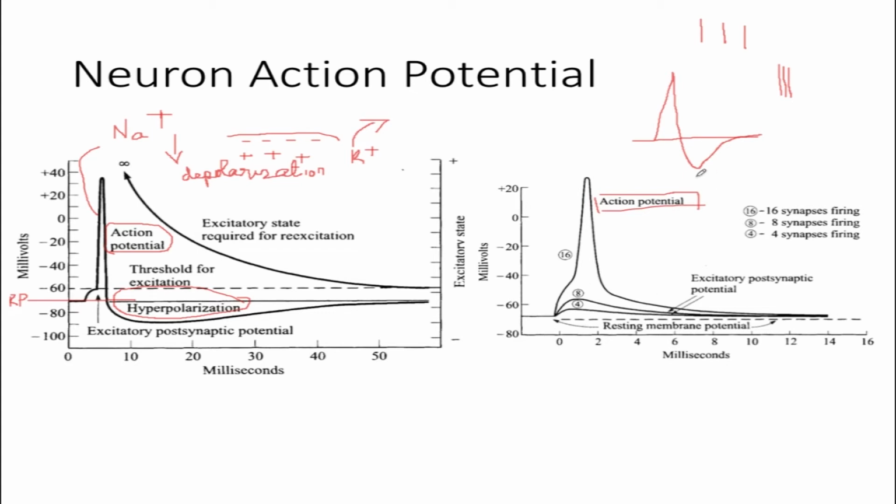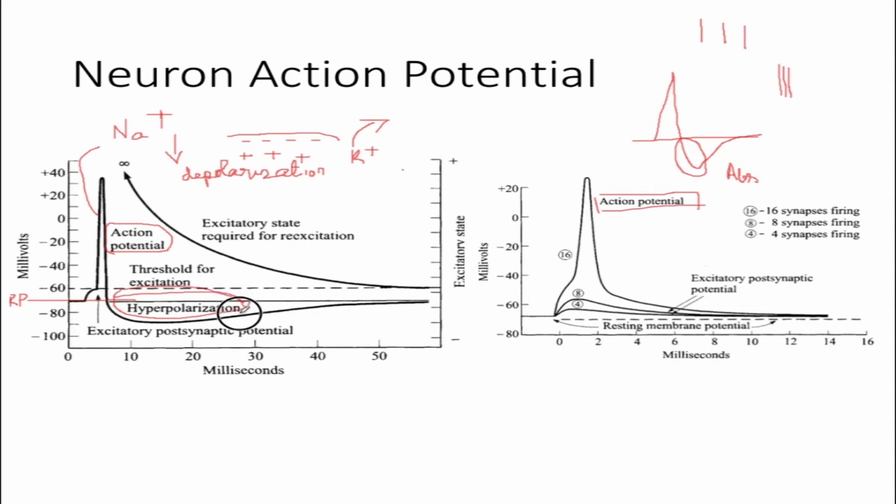The other point is that during the hyperpolarization phase, the neuronal cell generally would not initiate one more action spike. Particularly, there is one region, up to here, which is called the absolute part of the hyperpolarization.